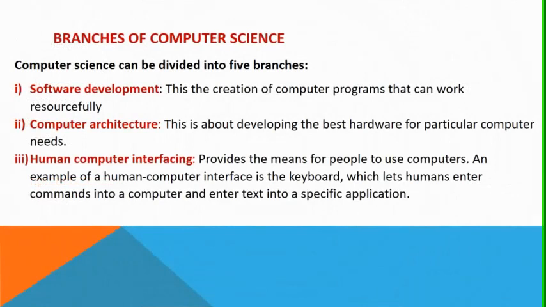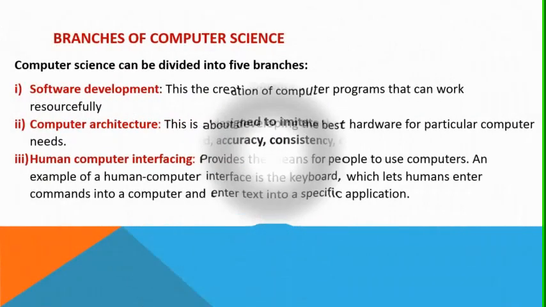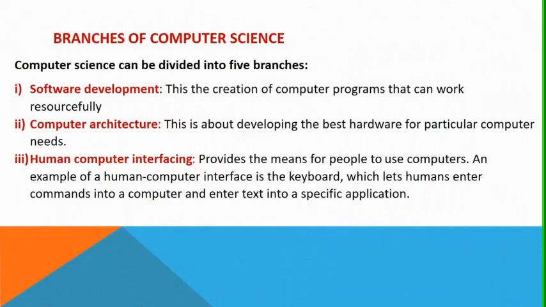Computer science has 5 branches, which are software development, computer architecture, human-computer interfacing, artificial intelligence, and robotics. Software development is about the creation of computer programs that can work resourcefully, and computer architecture is about developing the best hardware for particular computer needs.